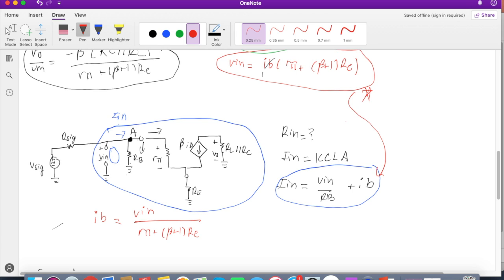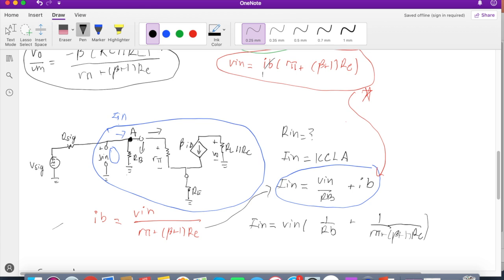Now simply we can plug this in and we'll find that I in. Once we plug this formula into our I in equation, we get I in equals V in multiplied by 1 over RB plus 1 over R pi plus beta plus 1 RE.